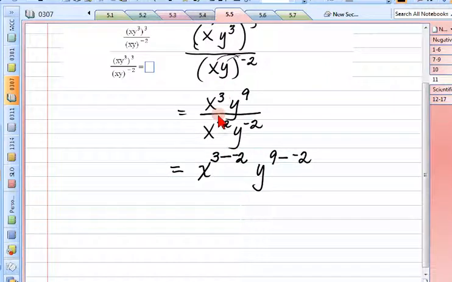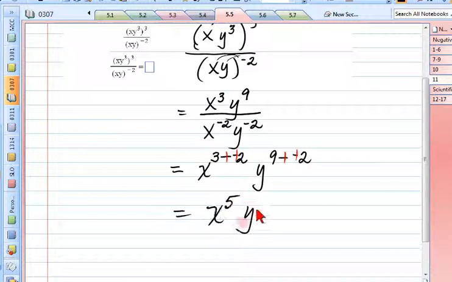It's 3 minus negative 2. It's 9 minus negative 2. So now I'm going to change that minus minus into plus, and I end up with x to the 5th, y to the 11th.